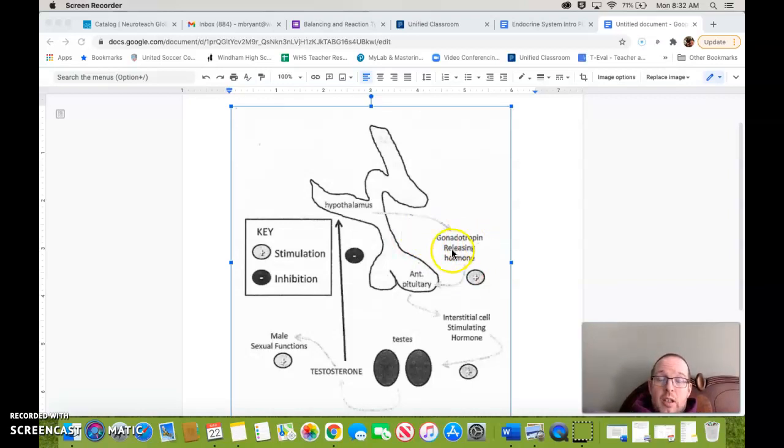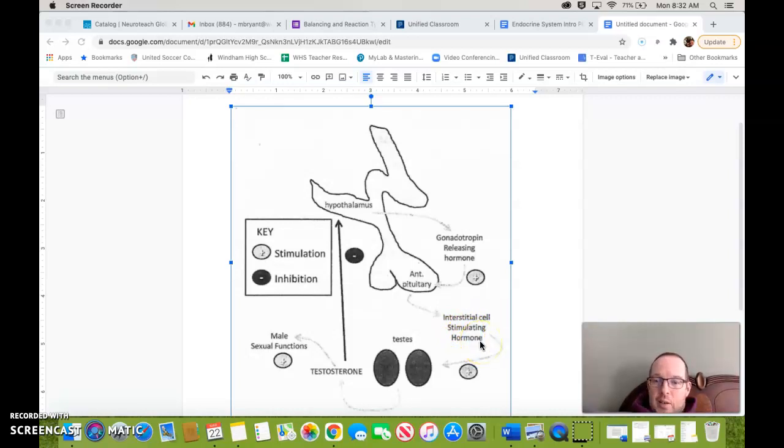And so this hormone is going to trigger the release of a gonadotropin from the anterior pituitary gland. So it starts there. The hypothalamus releases GnRH, and then the anterior pituitary here releases a hormone which in males we often refer to as interstitial cell stimulating hormone, or ICSH.